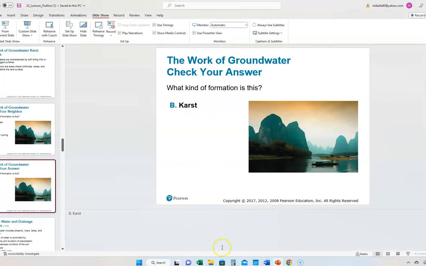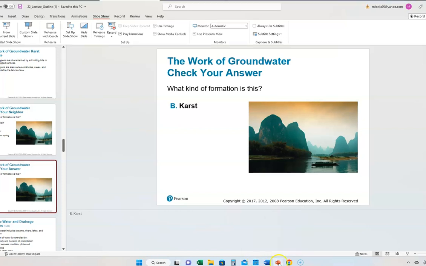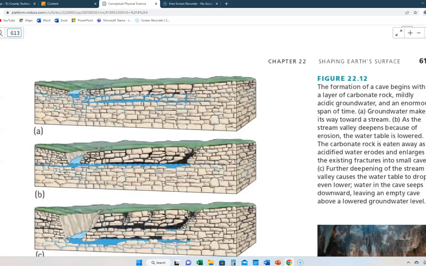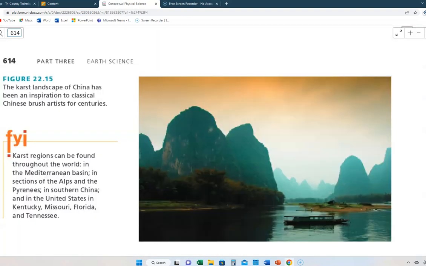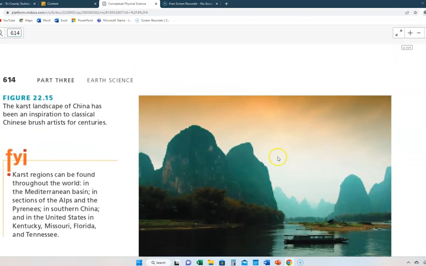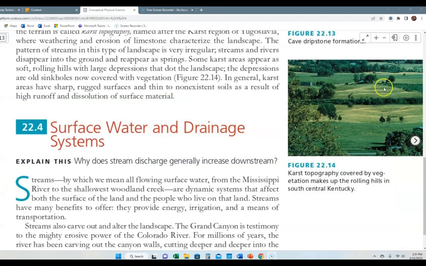Let's see if I can find a better picture of it in our textbook. All right, here's another picture from our textbook.